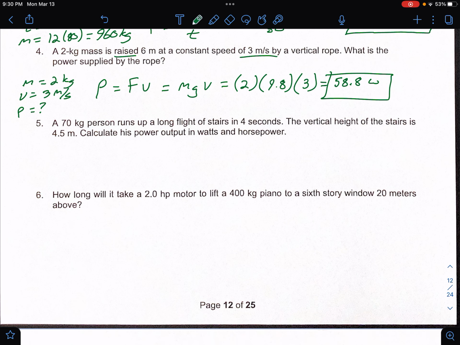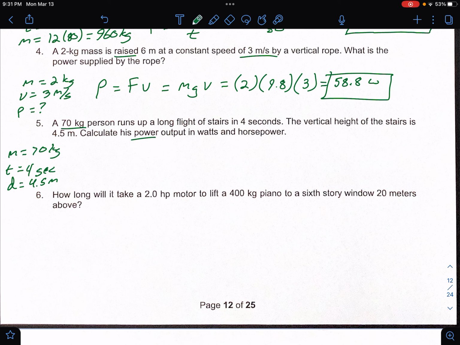Number 5, a 70 kilogram person runs up a long flight of stairs in 4 seconds. So I'm going up, so mass does matter. Time is 4 seconds. The vertical height of the stairs is 4.5 meters, so distance is 4.5 meters. Calculate the power, so power is your question mark, in watts and horsepower.